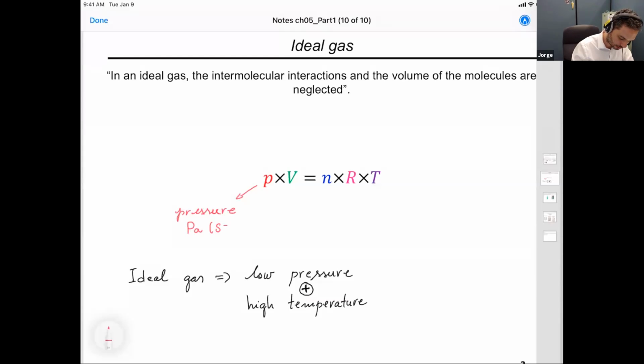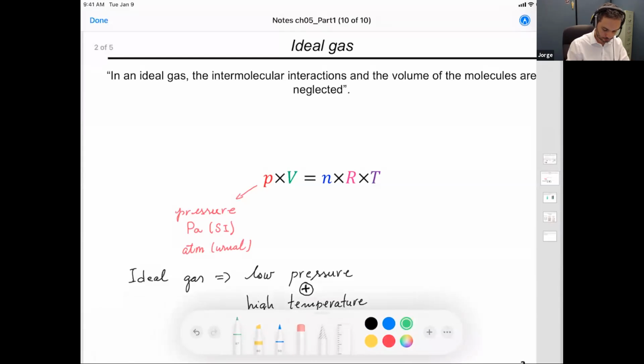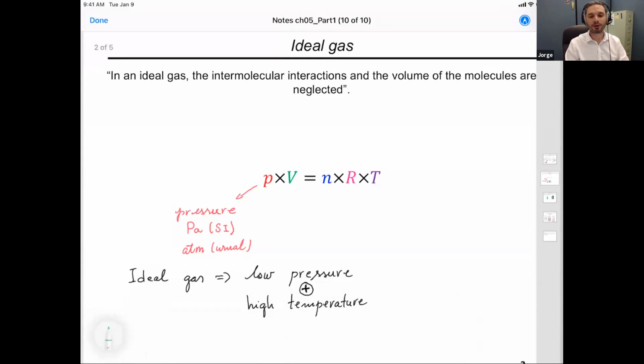And let's note here, so that's when we are in the international system. And we can have another unit, which is atmospheres or ATM, and that's a very usual unit to use. The second term of this equation is volume.